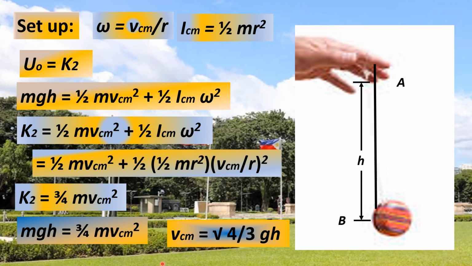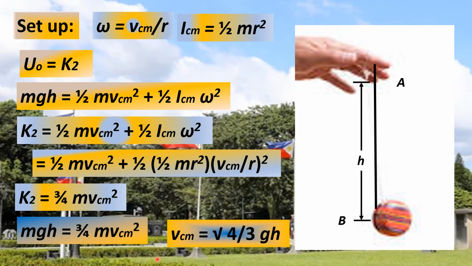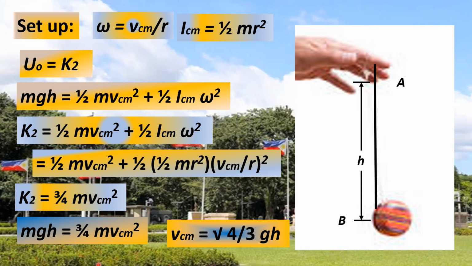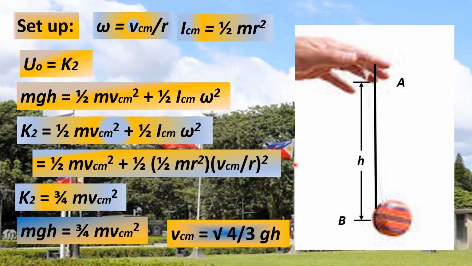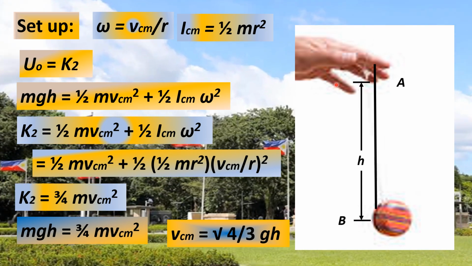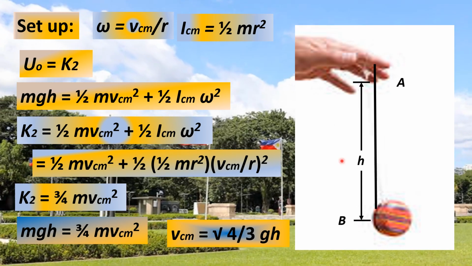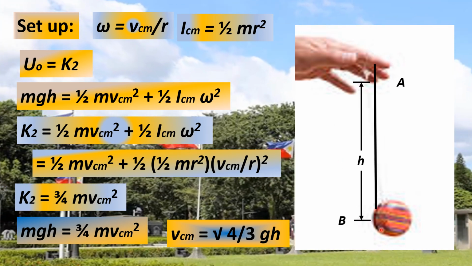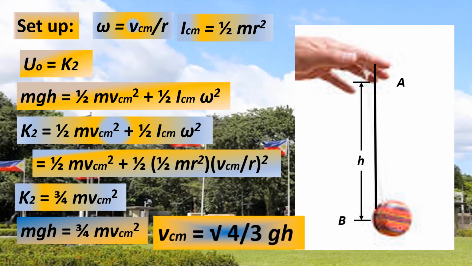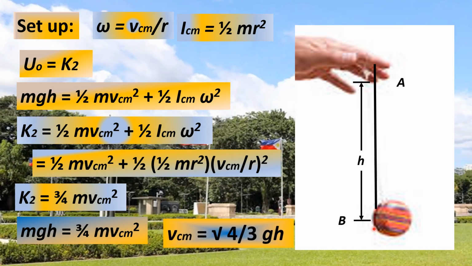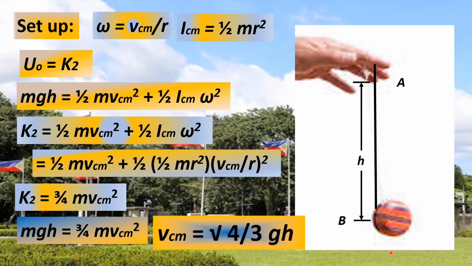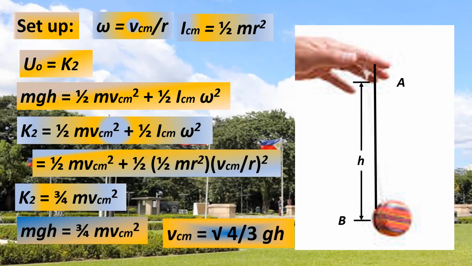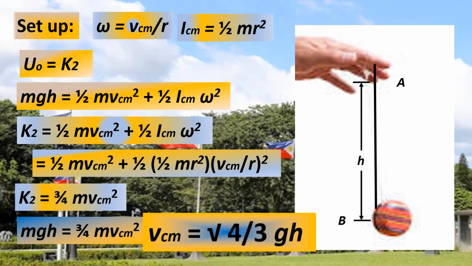All right. So this equation implies that the final speed of the yo-yo as it descends from the height h and reaches point B, specifically the speed of its center of mass, will not be equal to square root of 2gh.